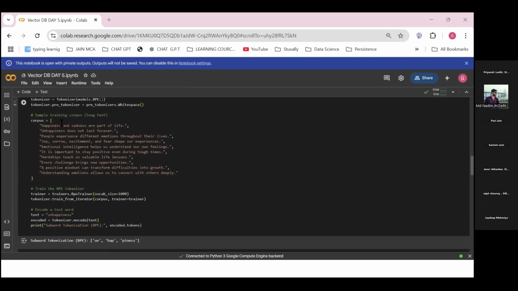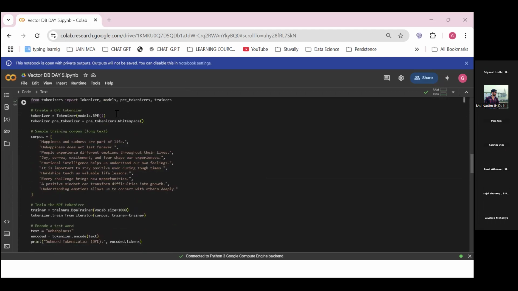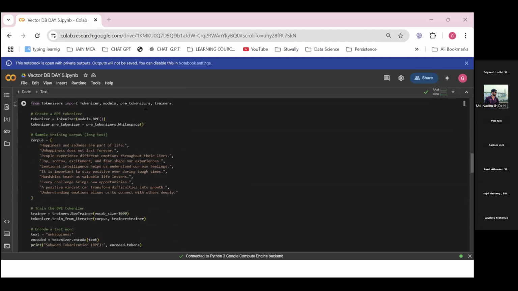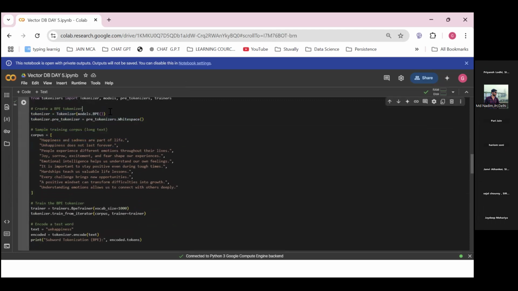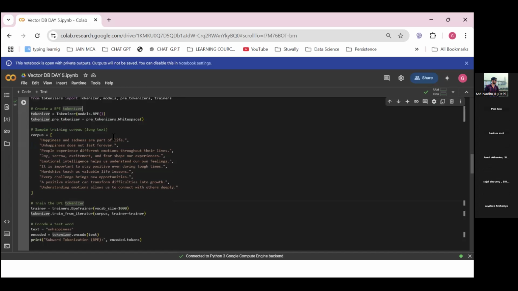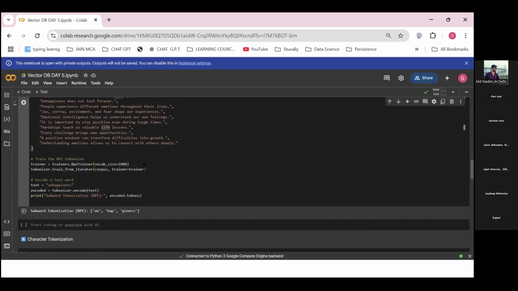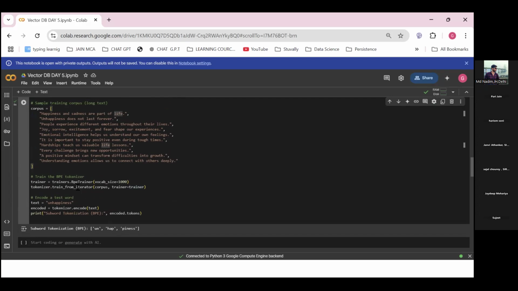I'm just passing the corpus, and in the corpus I'm using this tokenization model, pre-tokenizer and training models, and using this I create the tokenizer as BPE. So here I'm just passing unhappiness, but it's divided into three different parts. Here it gives un, happy and then ness.